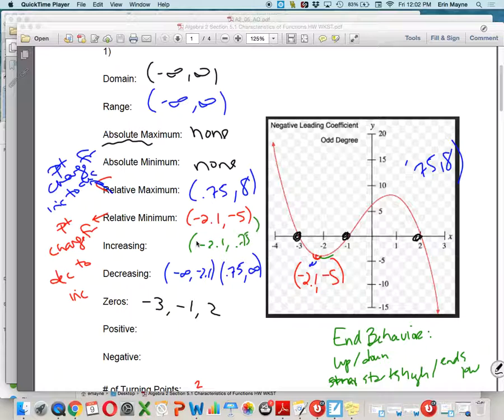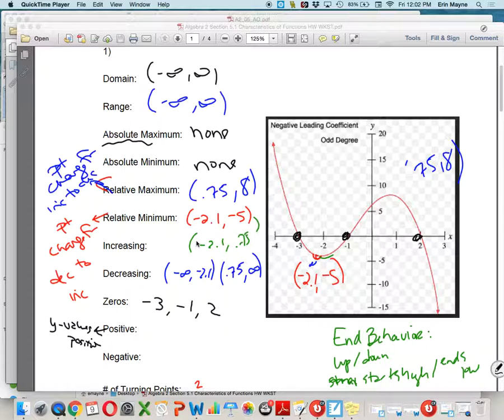Okay, so here's the question. What do I mean by this? It's positive, so I saw a couple different answers, so let's clarify. It's positive when my y values are positive. Does that change your answer? Does that change what you're covering up?